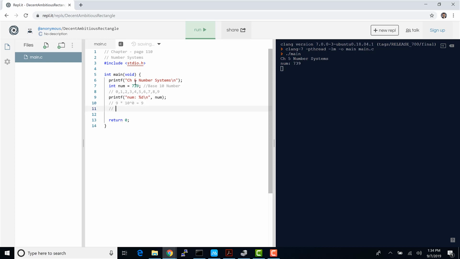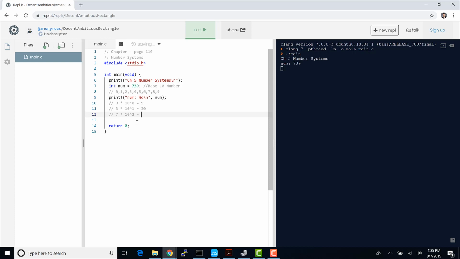And then we would take the second digit, the 3. Since that's in the next position, that would be 10 raised to the 1, and 10 raised to the 1 is 10. So 10 times 3, we would get 30. And then, of course, this last digit, the 7, times 10 raised to the 2, because it's at position 2, that is 0, 1, 2.